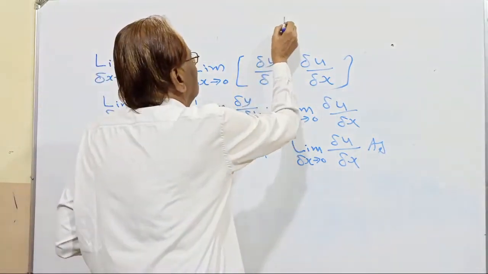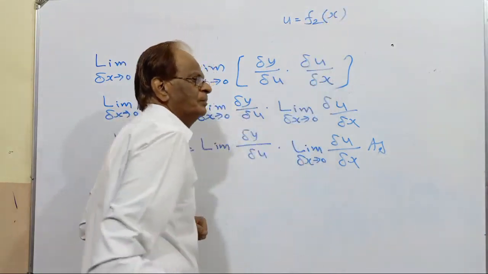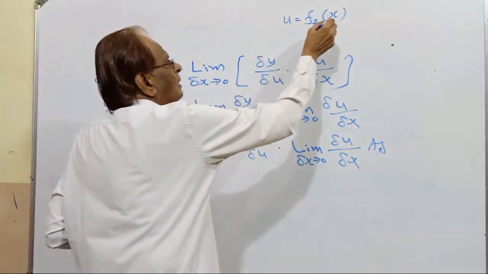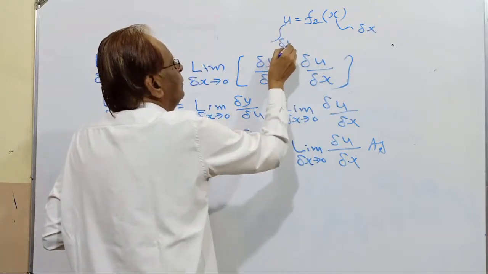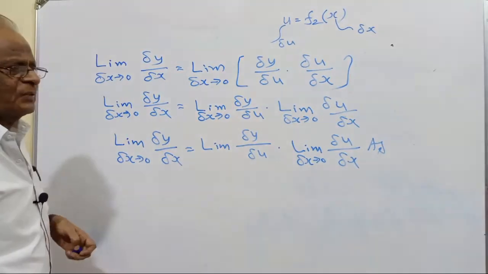Already we have written u is a function of x. Second function. First x changes, then u changes. Delta u depends upon delta x.